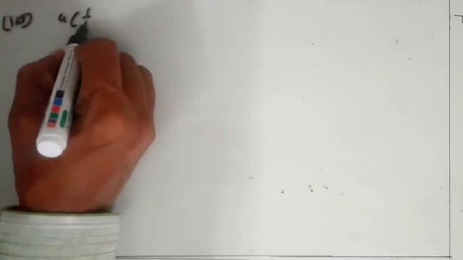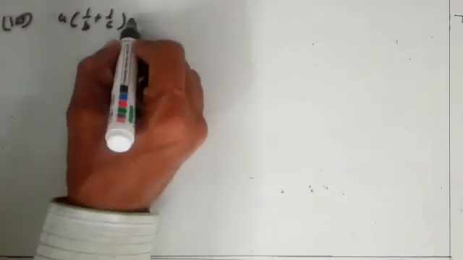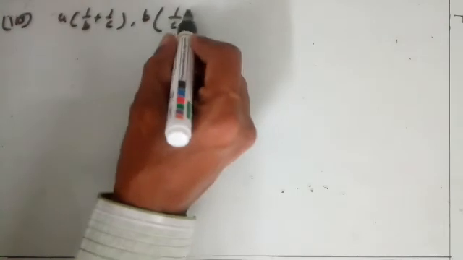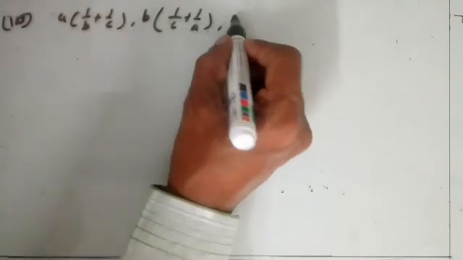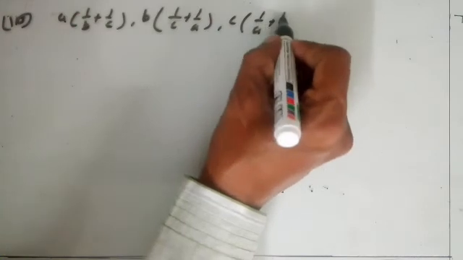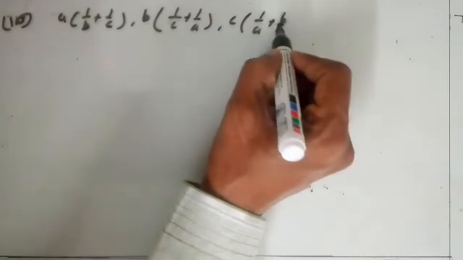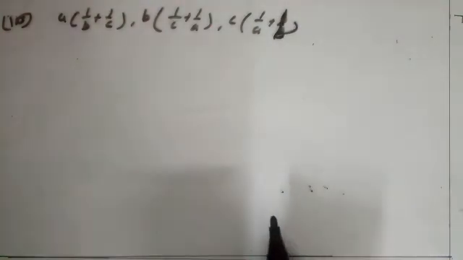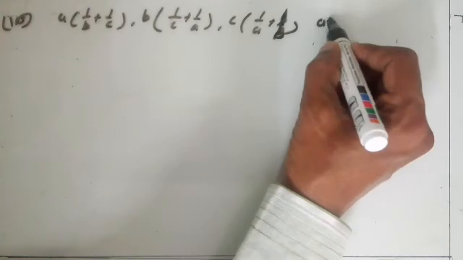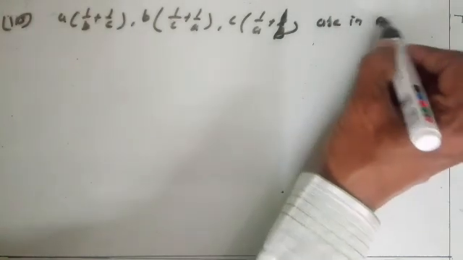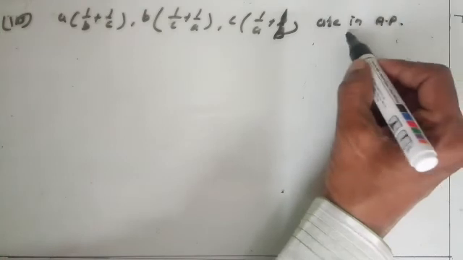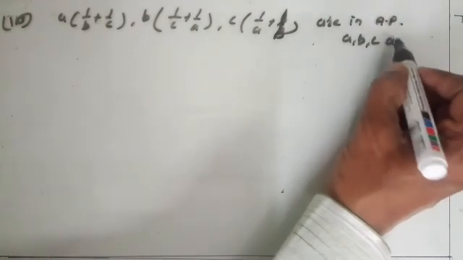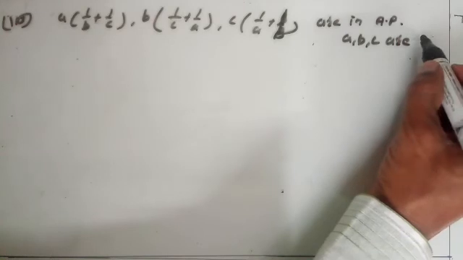Now question number 16. If a into (1 upon b plus 1 upon c), b into (1 upon c plus 1 upon a), c into (1 upon a plus 1 upon b) are in AP, then prove that a, b, c are also in AP.